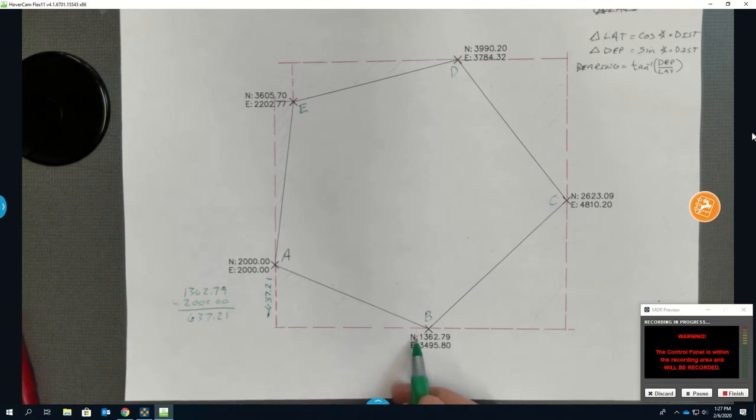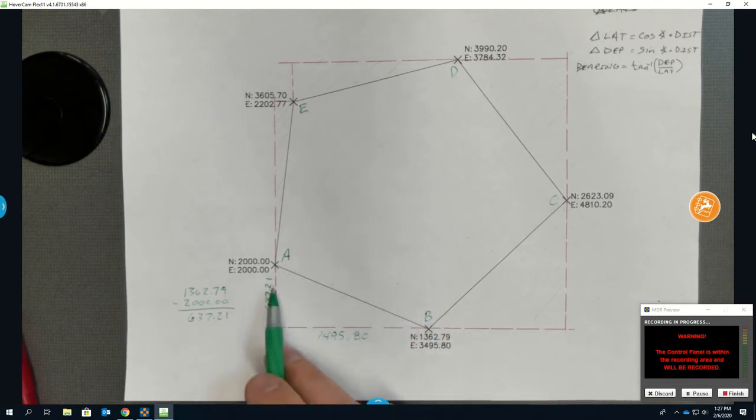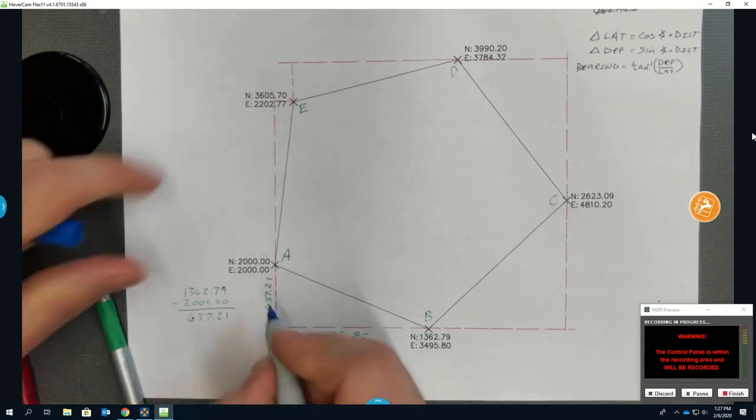What is my change in departure here then? It's 1495.80. So let's think about this. What direction am I heading in here?